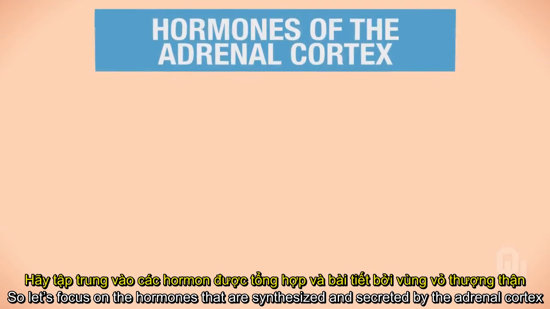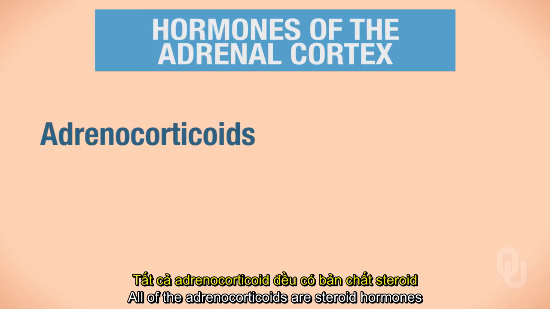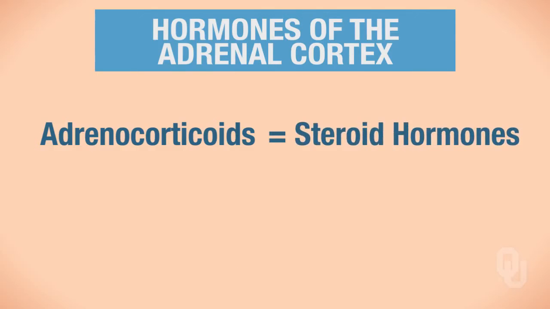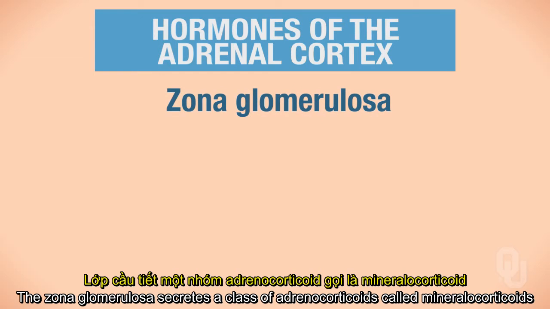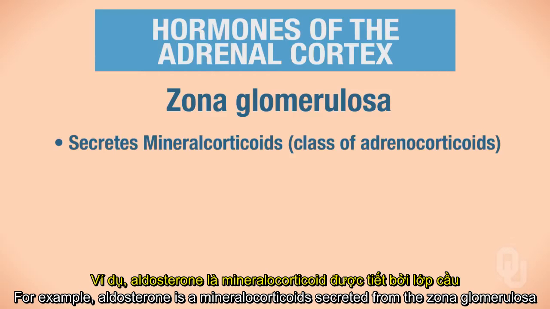So let's focus on the hormones that are synthesized and secreted by the adrenal cortex. This is a class of hormones called adrenocorticoids. All of the adrenocorticoids are steroid hormones. The zona glomerulosa secretes a class of adrenocorticoids called mineralocorticoids.